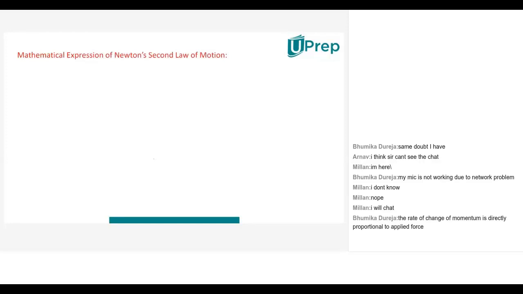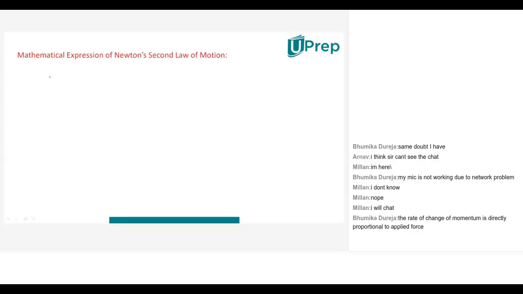And in order to understand how to derive this mathematical expression for Newton's second law of motion, you have to consider one object, and this object is acted on by some external force, and that force I am treating as F. Let us consider the mass of this object is m, and initially it is moving with a velocity u. As you apply some force on this, definitely its velocity will change. Now let us consider the same object after it was acted on by an external force.